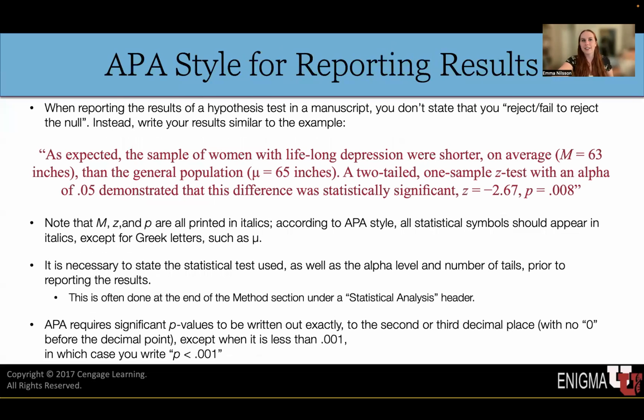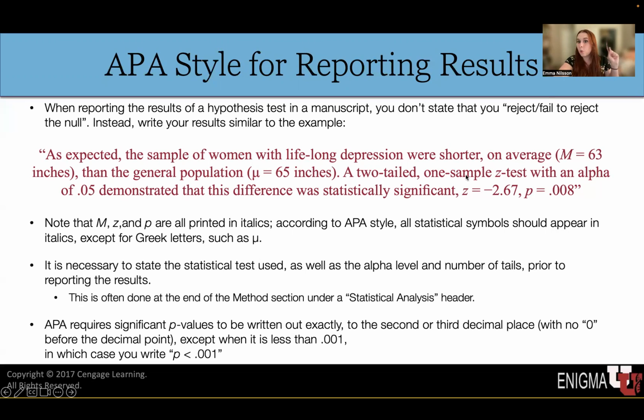Before we finish up, let's look once again at the APA style for reporting results of hypothesis testing. When you're reporting the results in your manuscript, you don't state that you reject or fail to reject the null, but you write your results like this. So as expected, which tells which hypothesis you're confirming, the sample of women with lifelong depression were shorter on average, and then you give the mean, than the general population, and then the population mean.